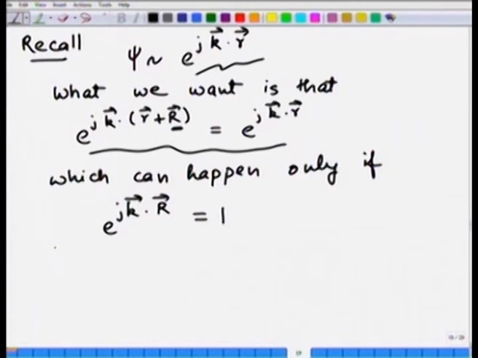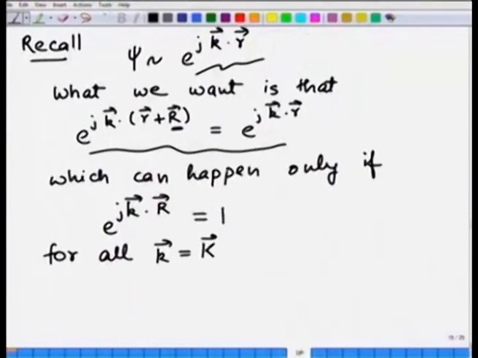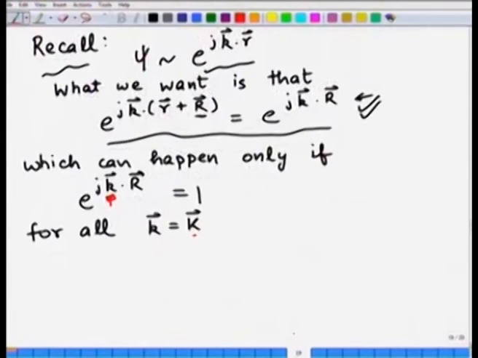Now notice, for all k's which are like our capital K which we have just derived, if we substitute this particular capital K for all small k's in here, this is indeed true. That is what essentially we would like to do here.